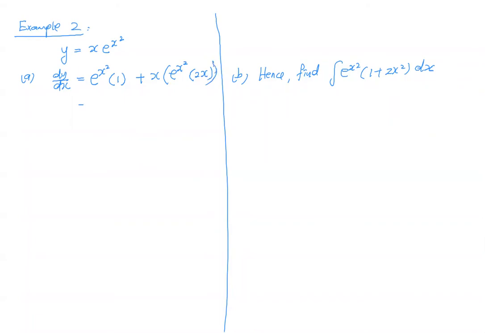So I got e to the power of x squared as common factor, open bracket, 1 plus 2x squared. Got it? So in this question, it is quite straightforward.